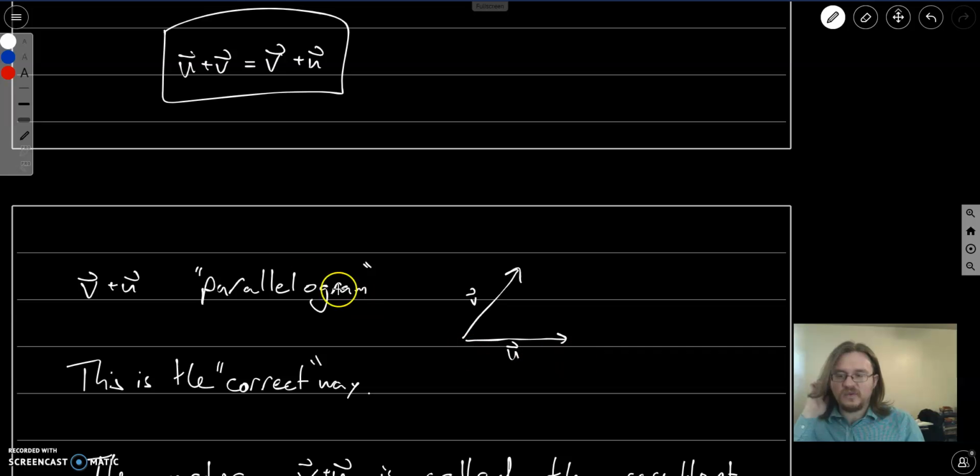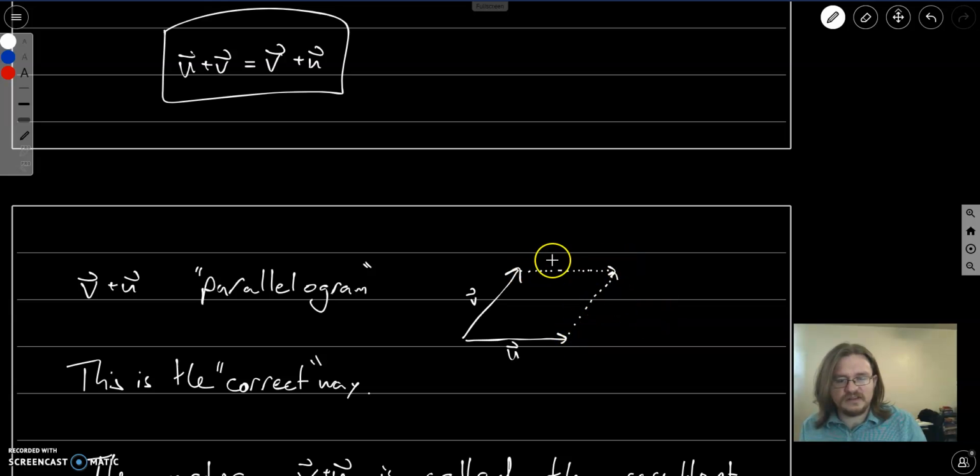And what we can do is we can actually create what's called a parallelogram. So I will make a copy of u up here, and I'll make a copy of v over here. And in fact, maybe let me do these with dotted lines, so it's a little bit easier to see.